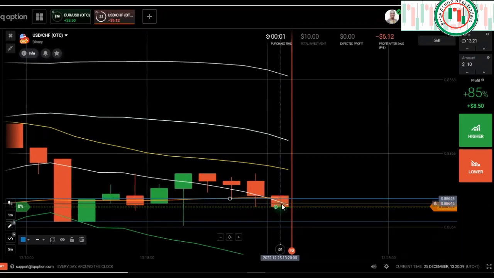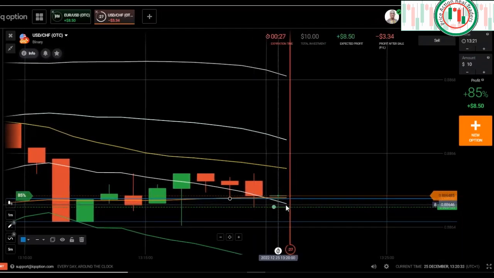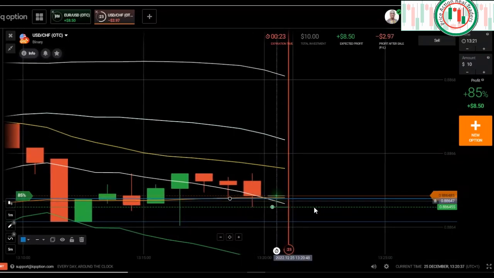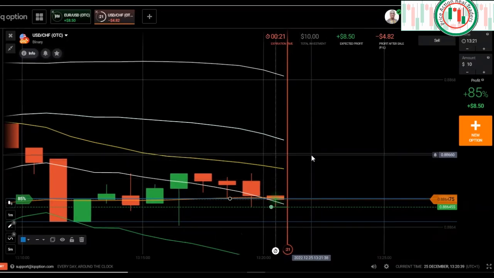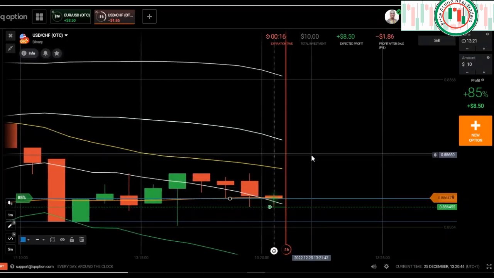I can see rejections here. That's why I place my trade call option. I'm expecting the market to close above here. That's why I place my trade. So let's see.